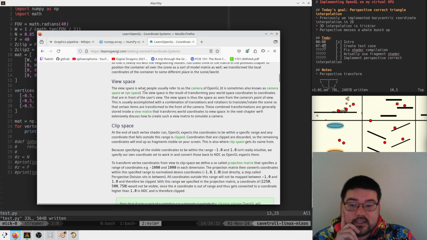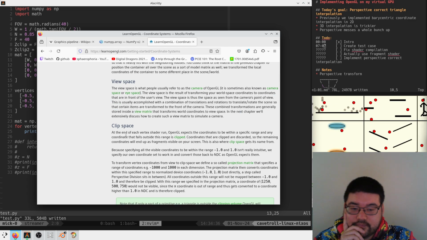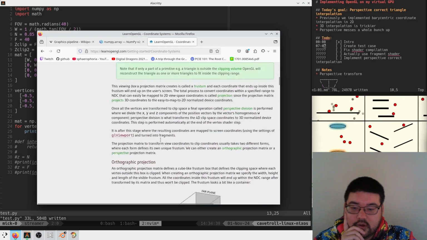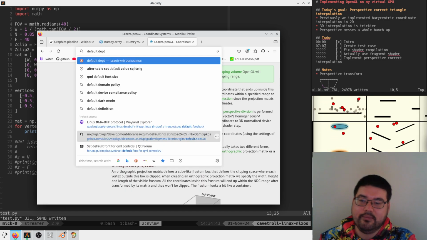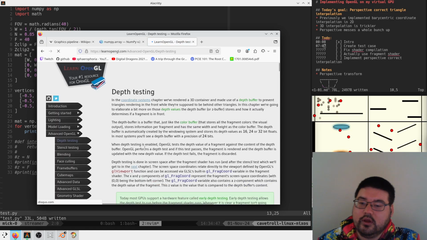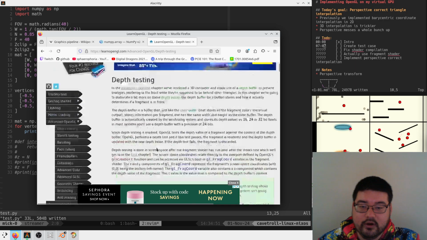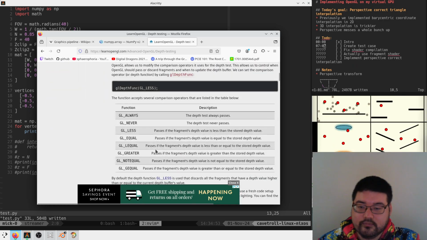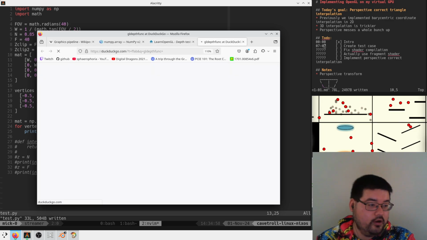Clip view space, camera projection, clip space. Can we look up default depth test OpenGL? What's the default value here? Can we just look up GL depth func here?